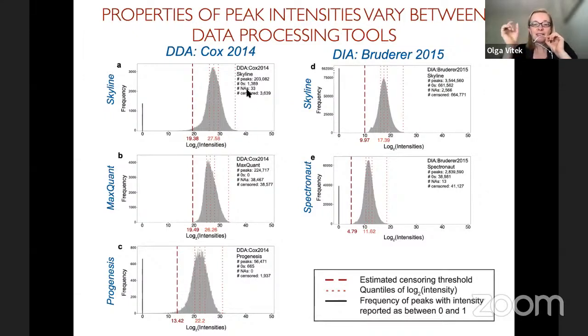So when you have peaks that are close to the noise in the data, you can call them zeros, you can call them NAs, you can call them small values, which quantify the noise in the expected area of the peak. Sometimes, for example, Skyline uses NA when the peak is present but can't be quantified.